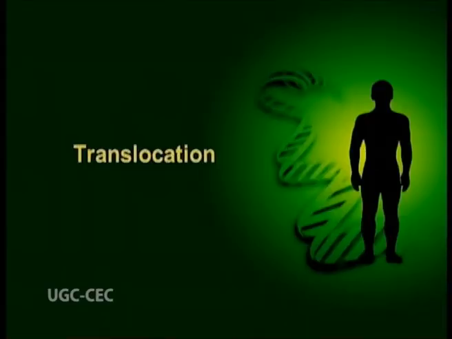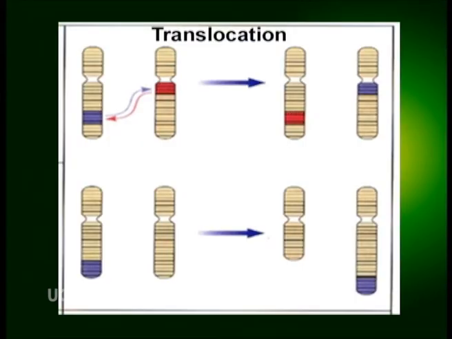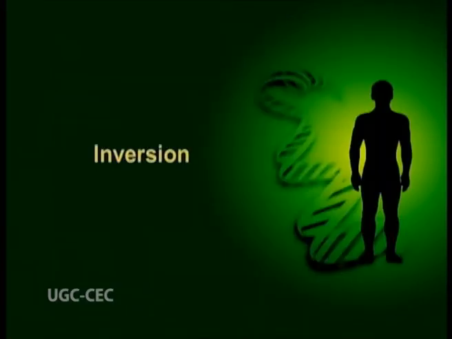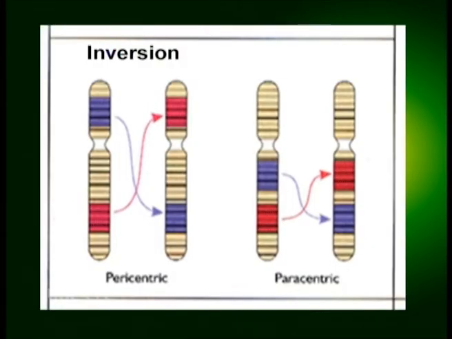The other one is translocation, where part of one chromosome breaks and joins with some other chromosome. Inversion, where part of the chromosomal material breaks and joins back in a different orientation in its homologous chromosome.